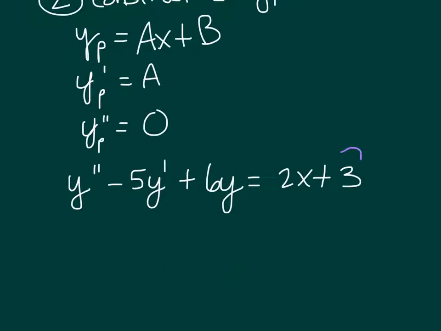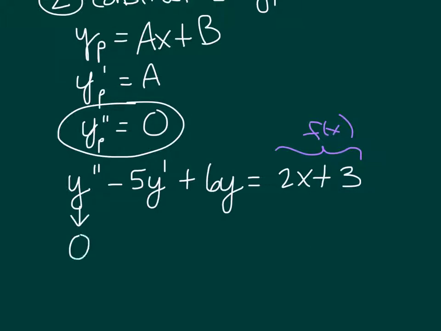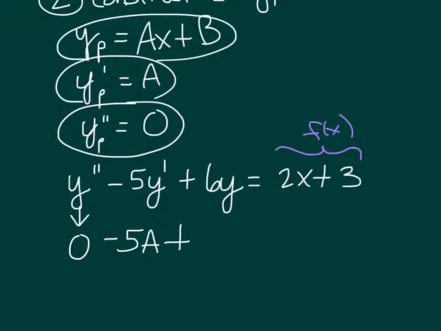Y sub p double prime is just going to be 0, minus 5y prime, that's just a, plus 6 times ax plus b.